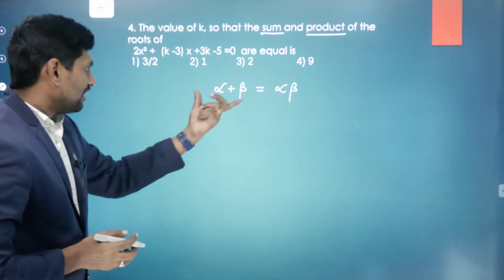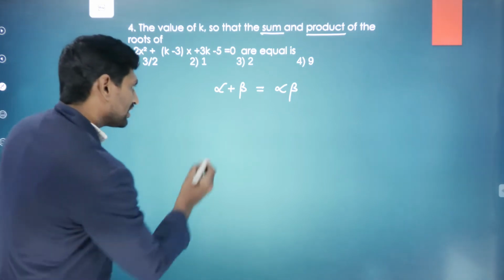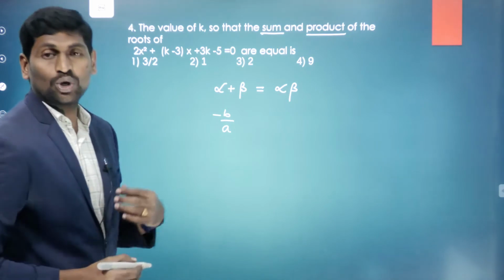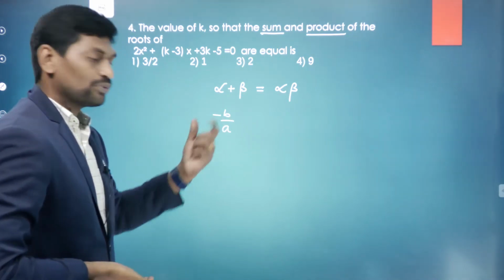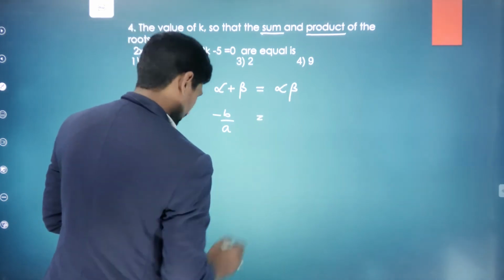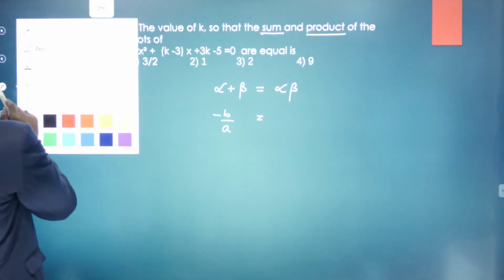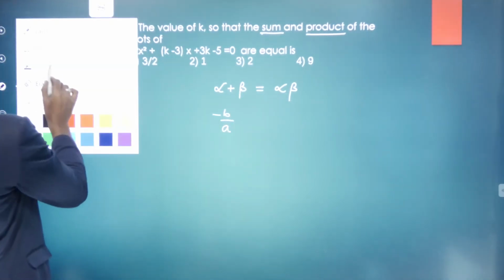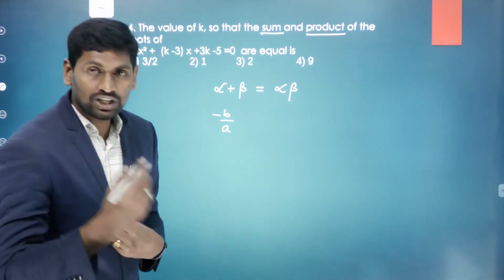Alpha plus beta, the sum of roots formula, what? Minus b by a, simply minus x coefficient by x square coefficient. Here also c by a. C by a means constant term by x square coefficient.